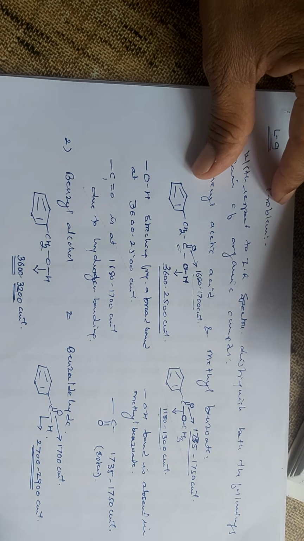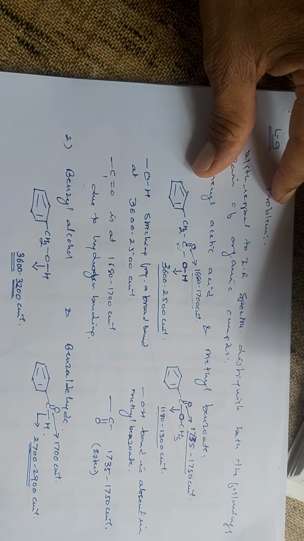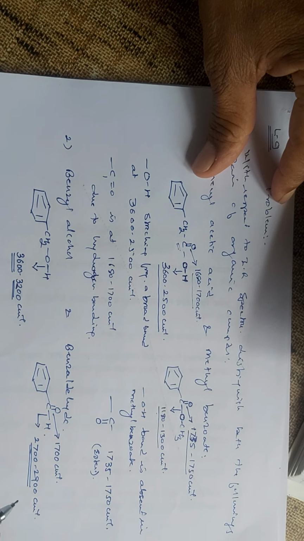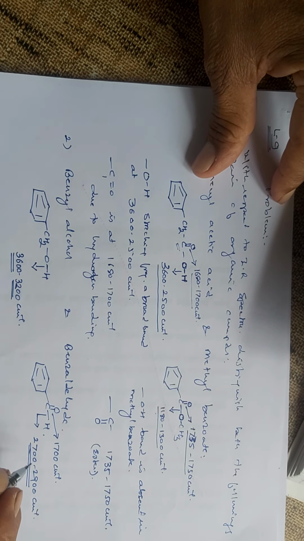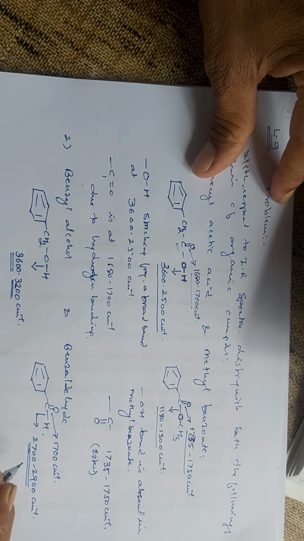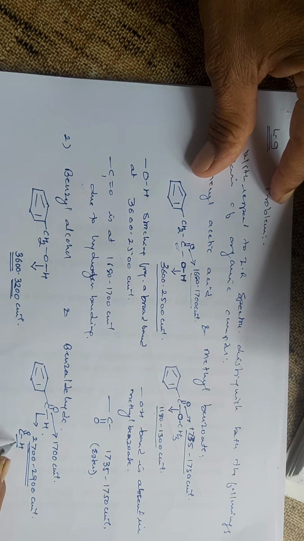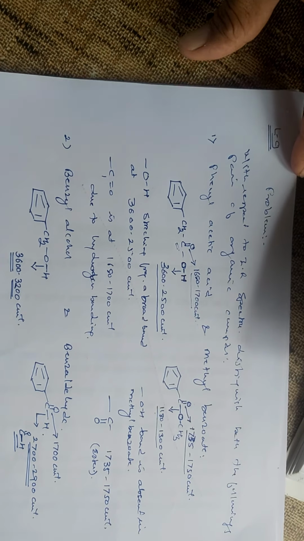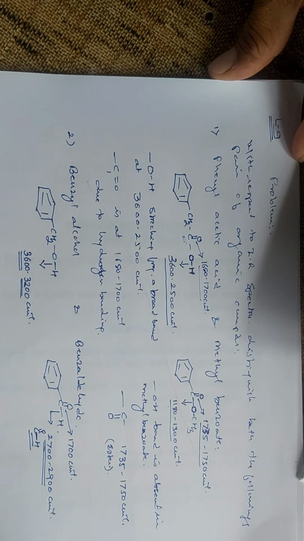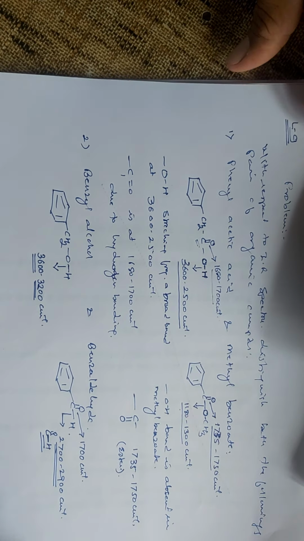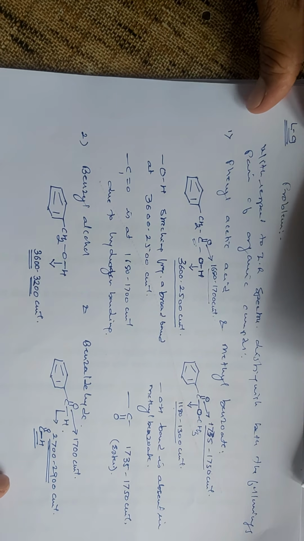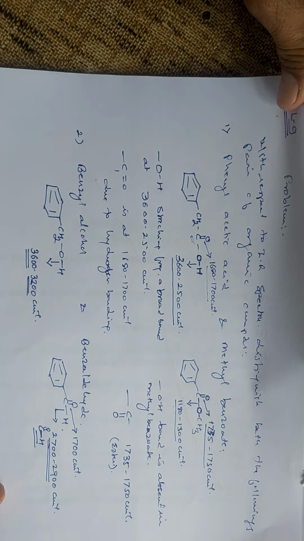So this aldehydic CH stretching, the carbonyl CH bond, will show you the stretching frequency. And so in this way these compounds can be distinguished from each other by using the absorption frequencies.